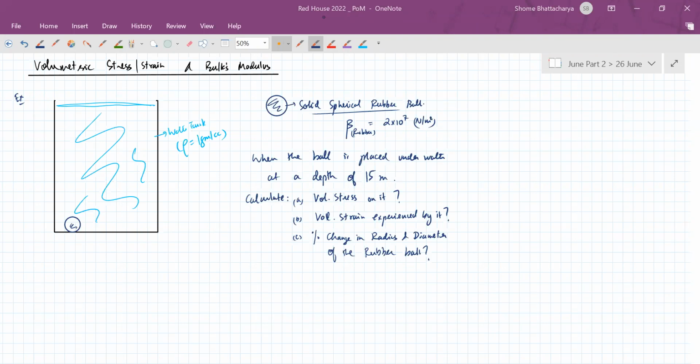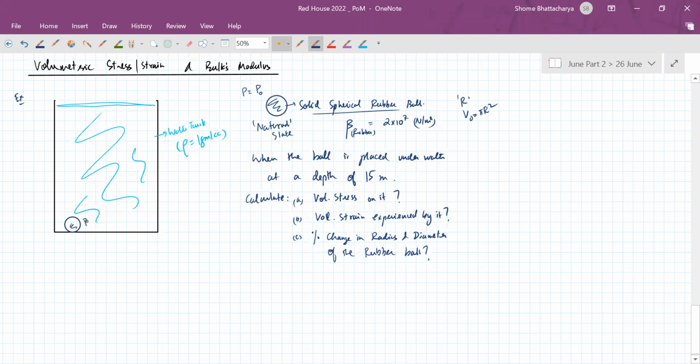So first thing we'll do here is we'll understand that this is at natural atmospheric pressure. This is the natural state. Let's say the radius is r, so the volume is pi r square.